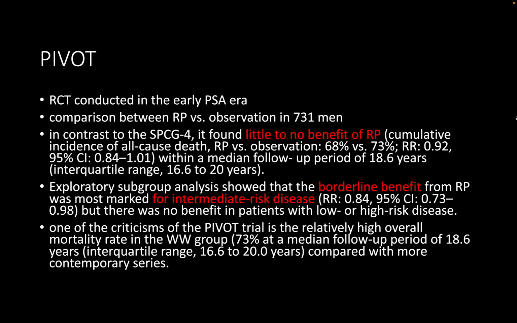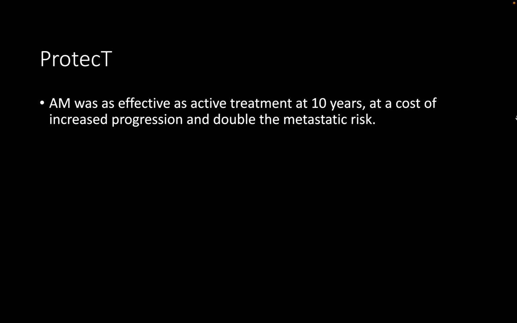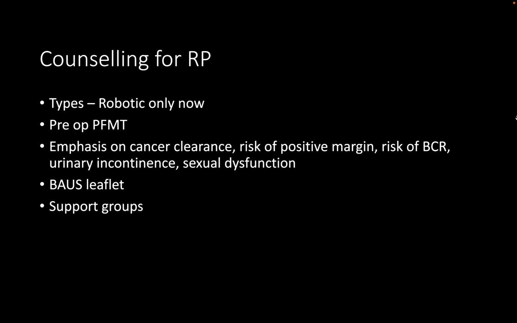So the patients that they were looking at were, largely speaking, of a lower socioeconomic class. Again, it was a similar trial looking at radical prostatectomy versus watchful waiting. And they didn't find much of a difference overall between the 2 groups in terms of overall survival, but the overall survival rates were much lower than you'd expect overall, largely because of the group, as I mentioned, that they chose had a lot of other comorbidities.